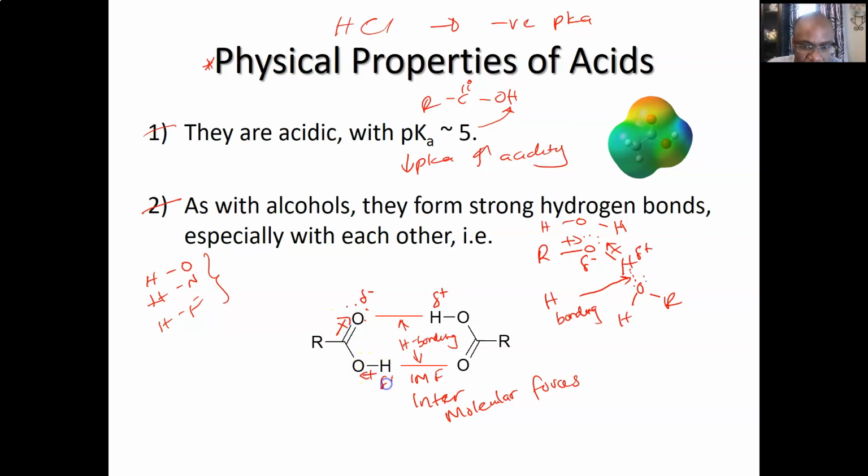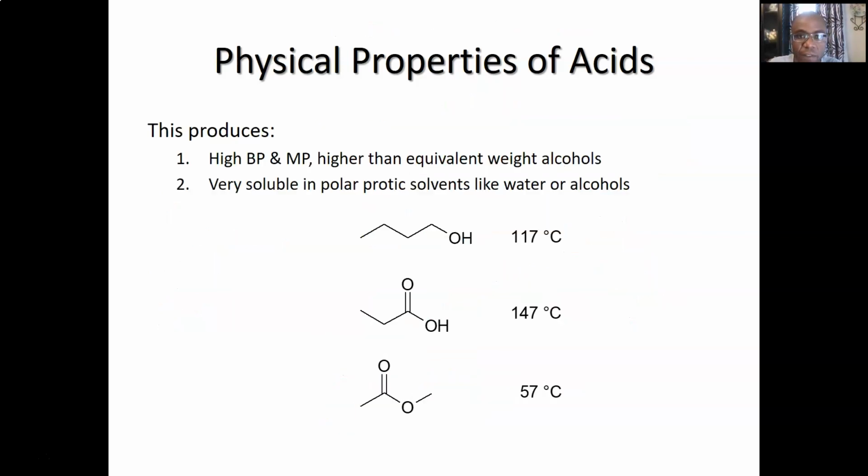So you expect the lone pair of one oxygen of another molecule to get attracted to the hydrogen of the second molecule. You get two hydrogen bonds as shown here, but you can get more because you still have lone pairs here, which would help hydrogen bonding to occur. You can get several hydrogen bonds, and that's what gives carboxylic acids a high boiling point, and some of the organic carboxylic acids are solids.